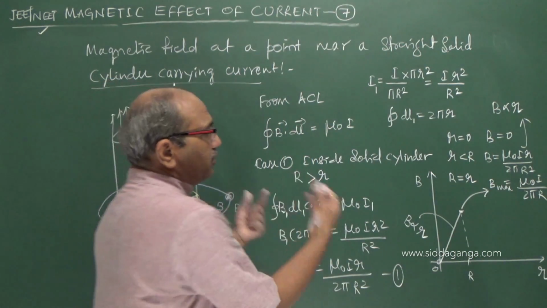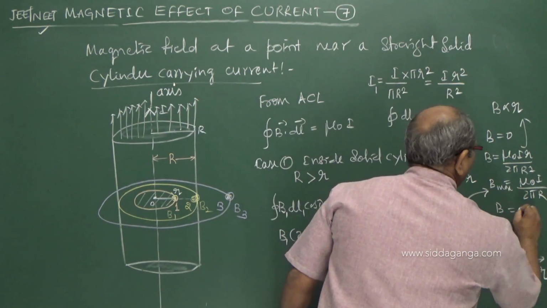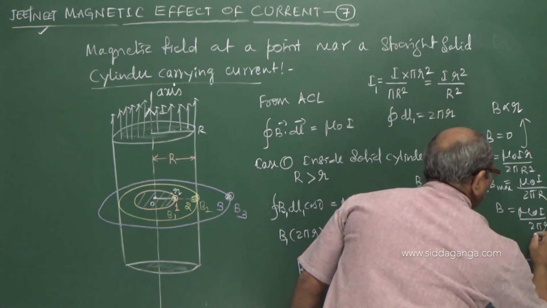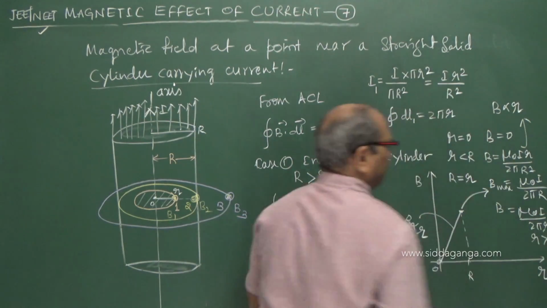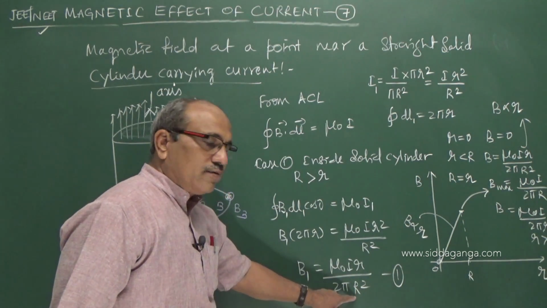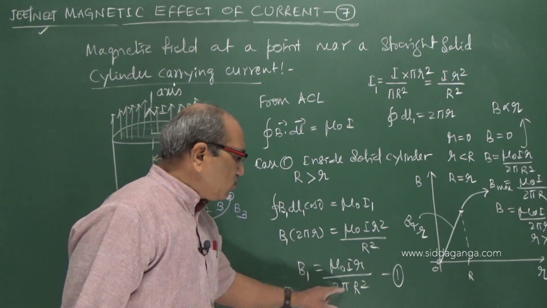Suppose for any point outside, B equals mu naught I by 2 pi r, for any r greater than R. I make this R a small r, and one cancels: mu naught I by 2 pi r.